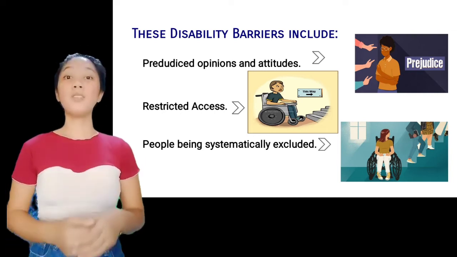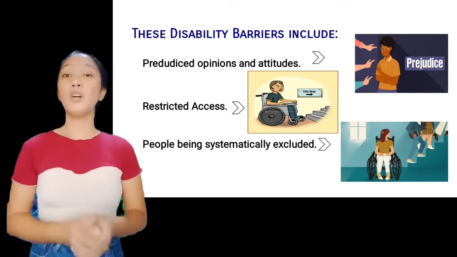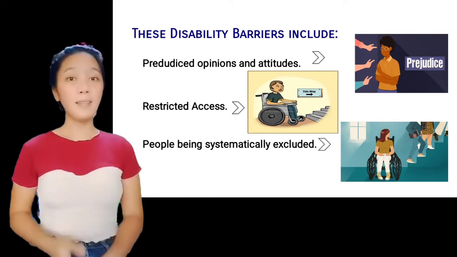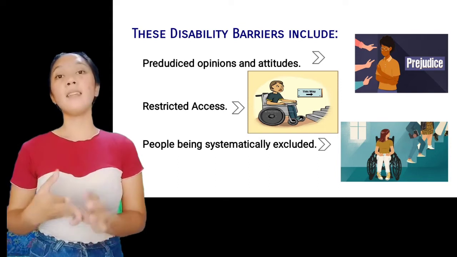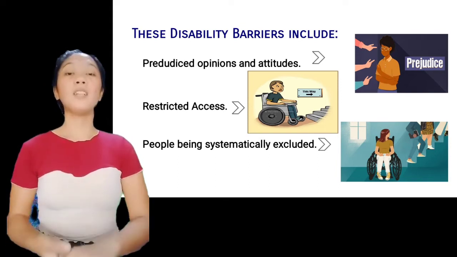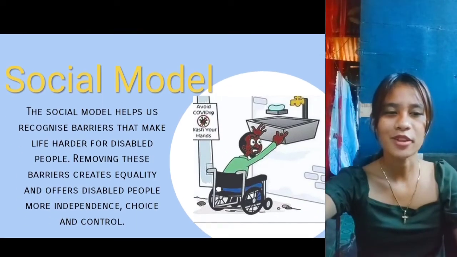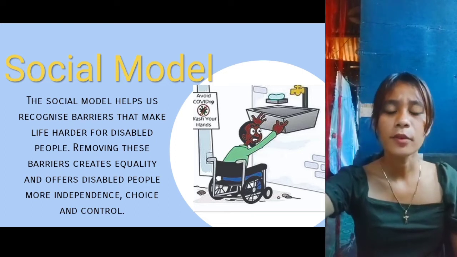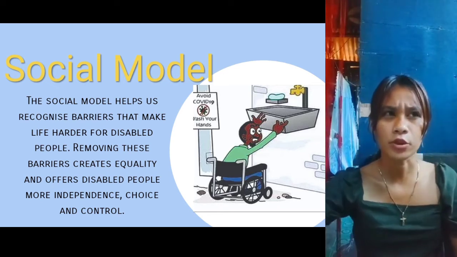The social model looks for a way that society can be planned and organized in order to provide accessibility, independence, and opportunity in a way that enables a person rather than disables them. So, the social model helps us recognize barriers that make life harder for disabled people. Removing these barriers creates equality and offers disabled people more independence, choice, and control.